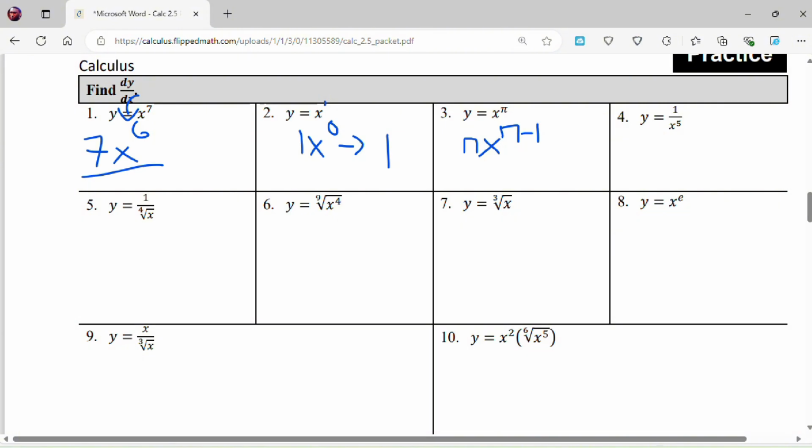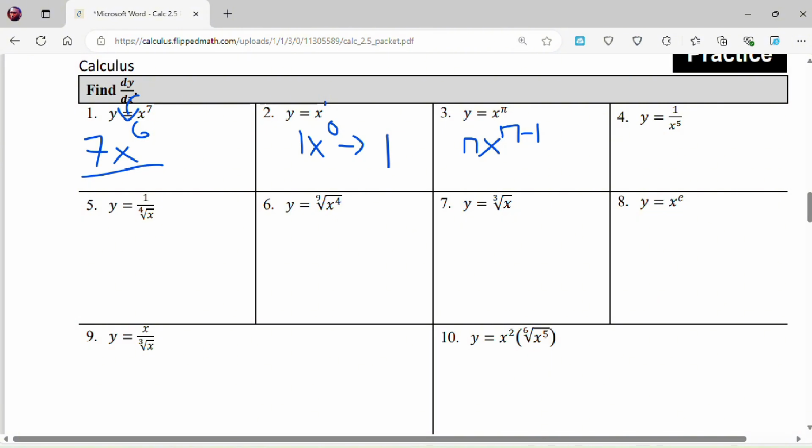All right, so this next one is where things can get a little tricky, but if you know your exponent rules, it should be pretty straightforward. We have 1 over x to the 5th, but we can't really use the power rule yet because our power is in the denominator.